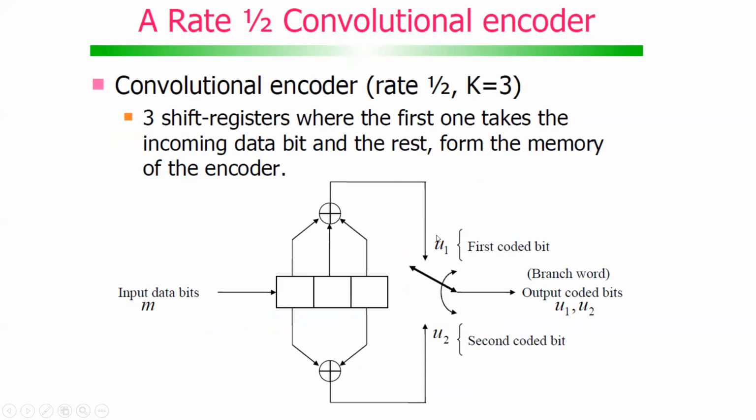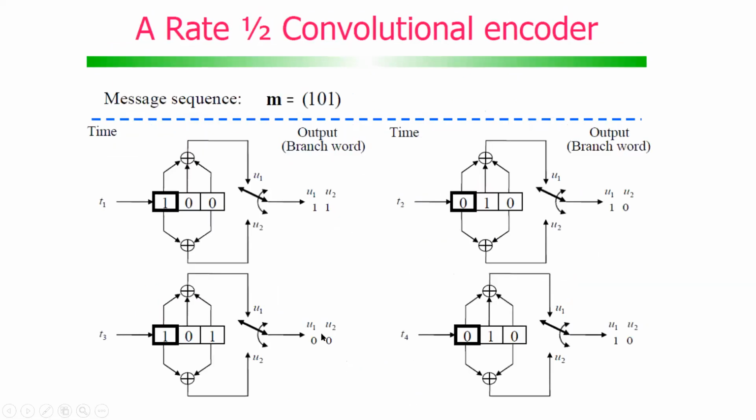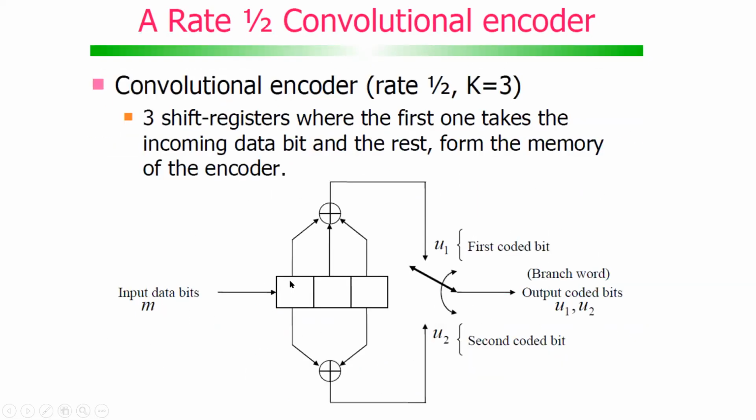So this is the structure of a convolutional encoder. At the input are the input data bits, which are represented by small m. There are 3 memory elements, right? Normally, as you see in the book of Bernard Sklar also, the first memory element is the input bit only.